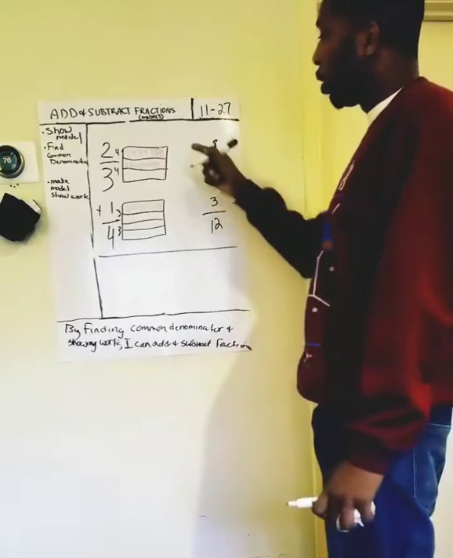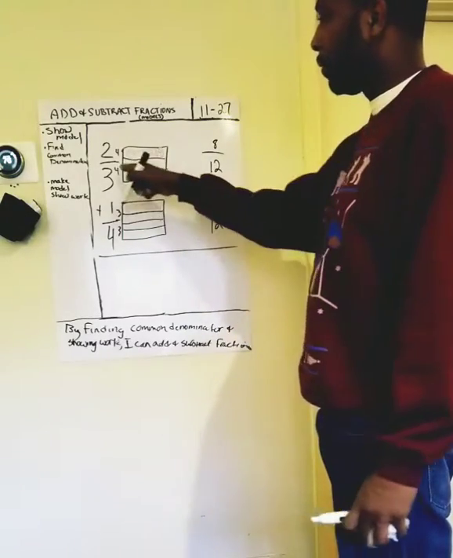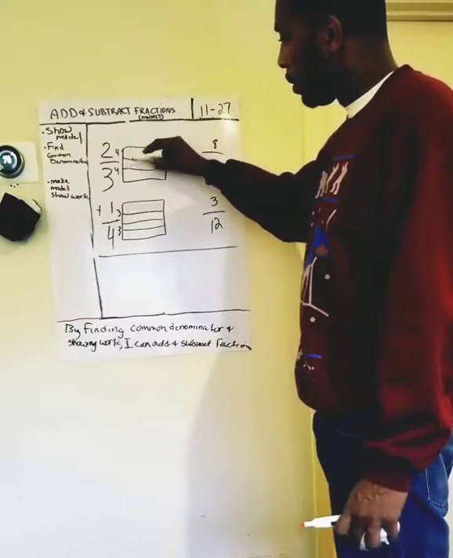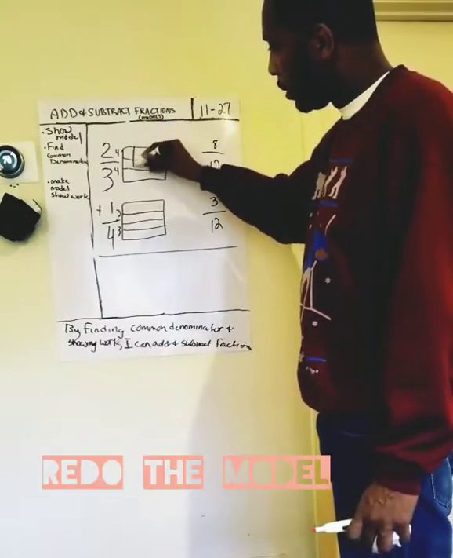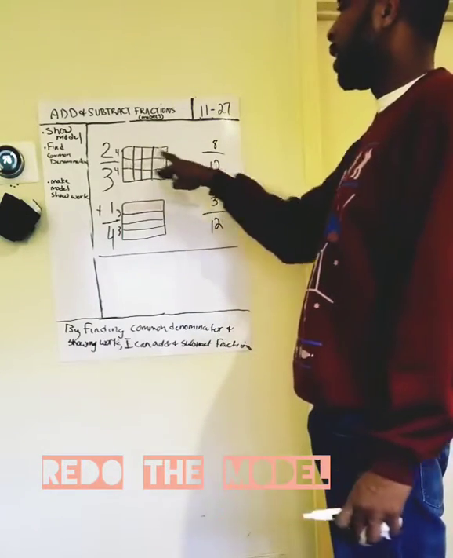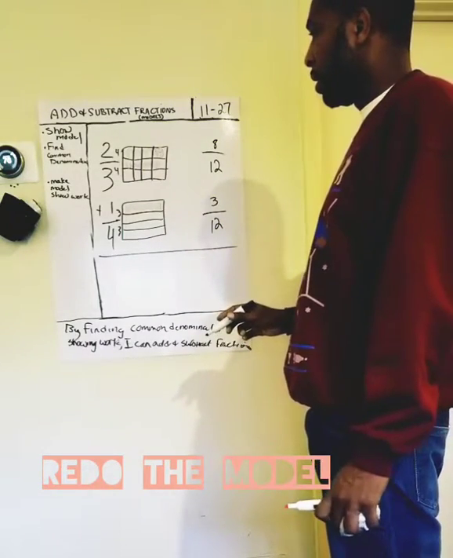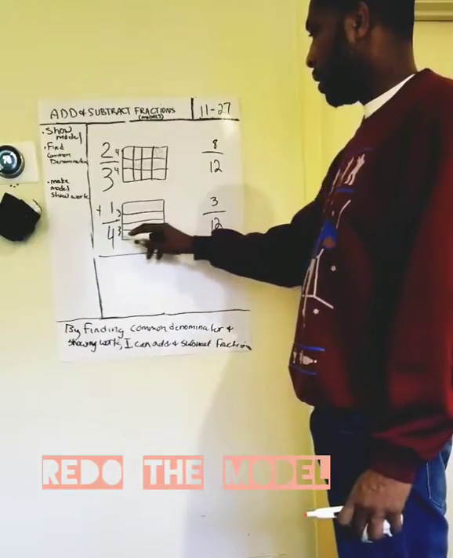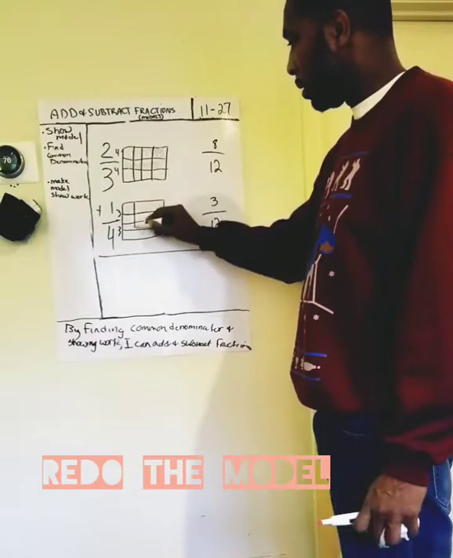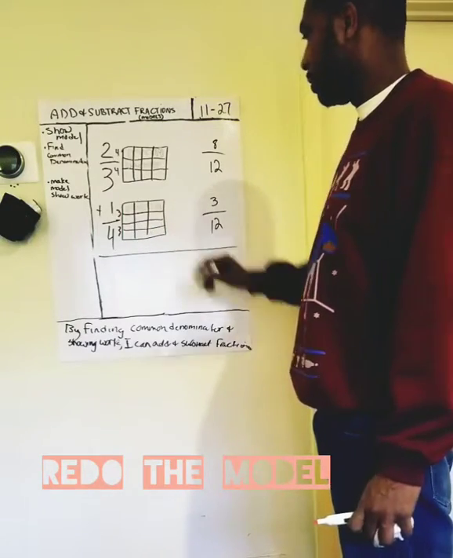Okay, now let's show it on the model. Okay, 4, so I'm going to put 1, 2, 3. Now it's 12 boxes. Okay. 1, 2.